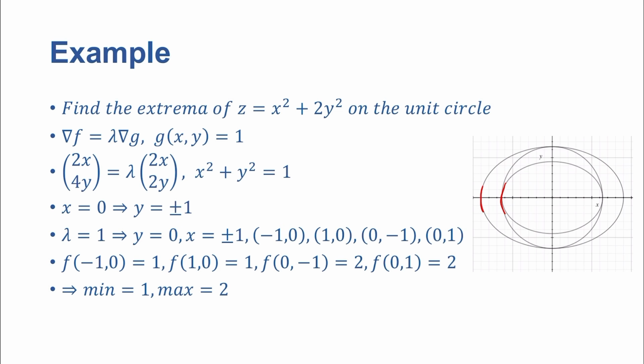So what we've found is places where the gradient is proportional to the gradient of the constraint, right? We found this point here where it's proportional, this point here, this point here, and that point there. So these are where our maxima or minima could be, because that's where the circle touches the level curves, right? That's really what we've found, and then we've evaluated at each of these points.